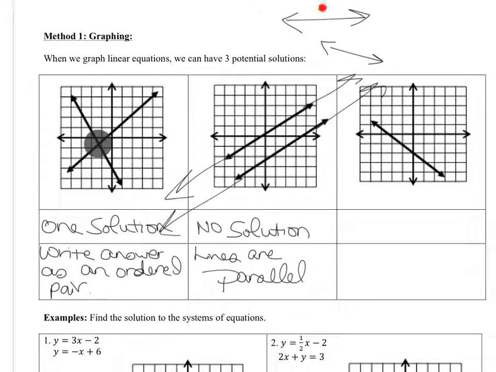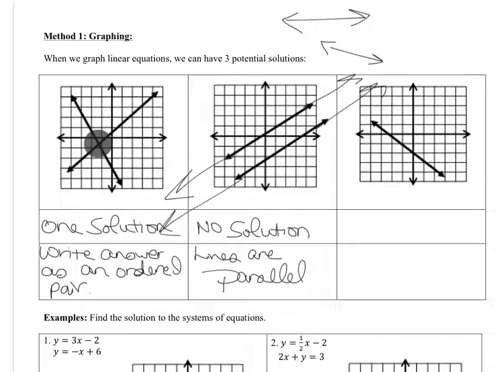Right now, are these 2 lines up here intersecting? Well, no. But if I extend the arrows, are they going to intersect? Absolutely. So you have to be really careful that you don't tell me that a picture like this would mean there's no solution. If you ever get a picture like this on a graph, that probably means you messed up.